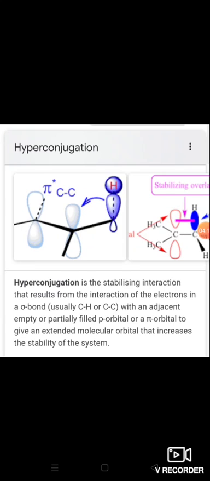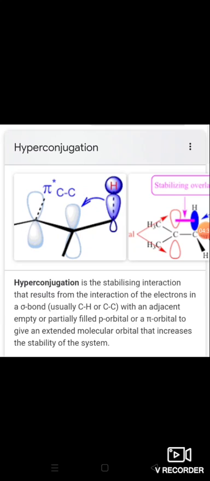Hyperconjugation. What do you mean by hyperconjugation? When chemical reactions are going on, there is an electronic interaction occurring between a double bond in a compound and a carbon hydrogen single bond in an attached alkyl group.